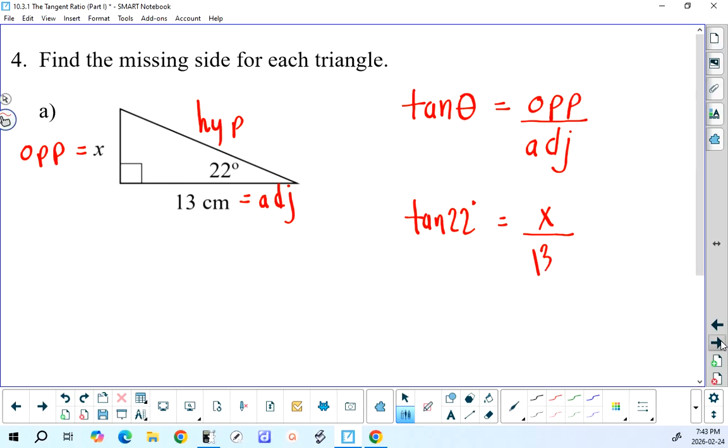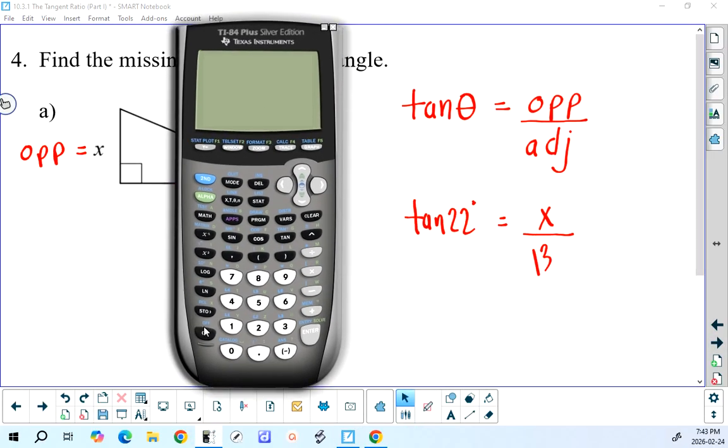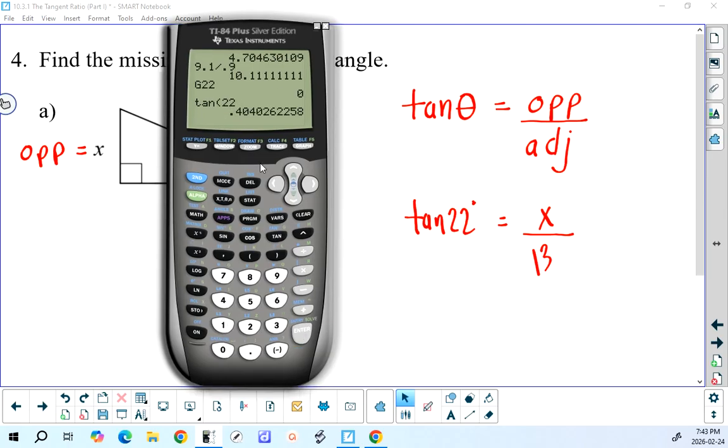Now, tangent of 22 degrees is just some number. Like if I grab my calculator, I can figure out what it is. Okay? I'm not going to write it down. I'm just showing you that it is some number. Tangent of 22 degrees is this number, but it's just a number.